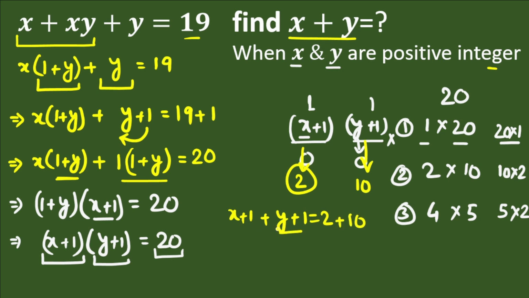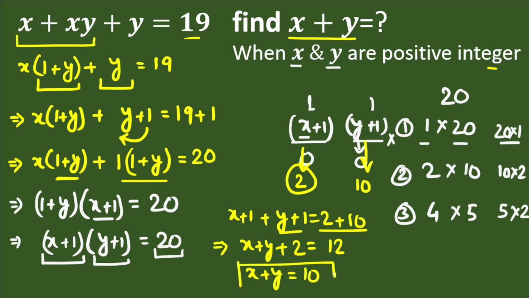Now from here we can take out x plus y. We can write x plus y, and 1 and 1 is 2, and the right-hand side is 2 plus 10, which is 12. So x plus y is 12 minus 2, which is 10. So one solution of x plus y here is 10.